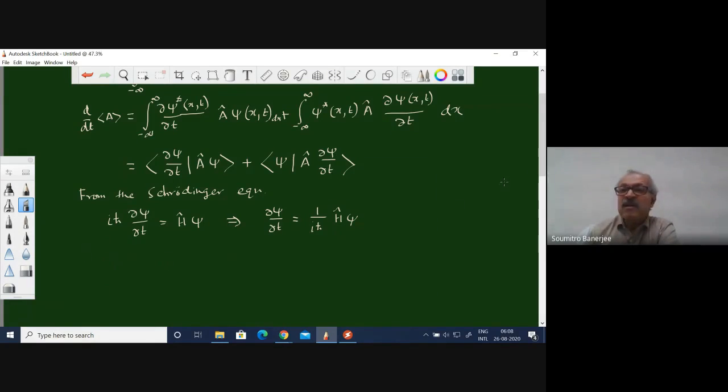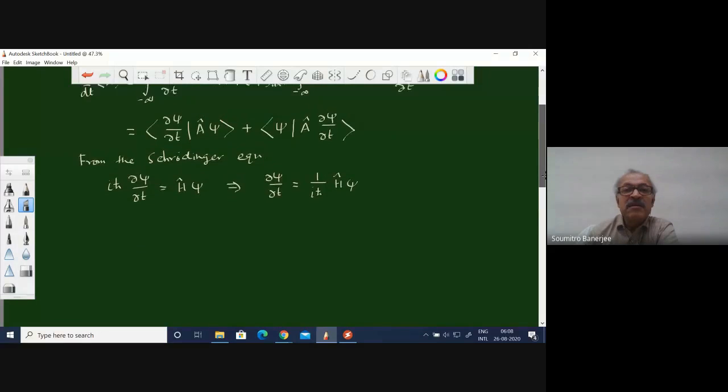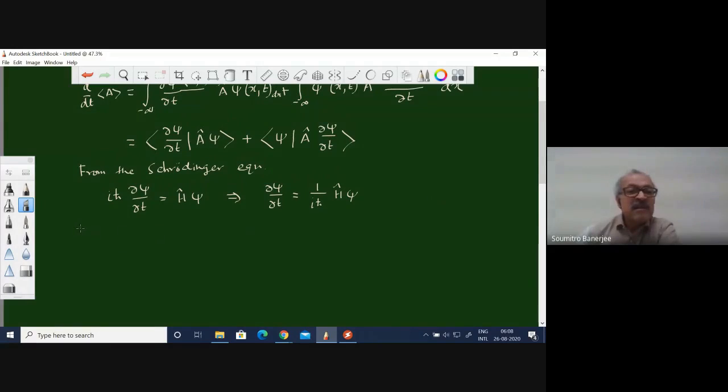So which means your i h cross d/dt of A, this was what we are trying to calculate, will be, in place of this A psi here, 1 by i h cross H psi, plus psi, and then A, then we have to write the whole thing, 1 by i h cross H psi.